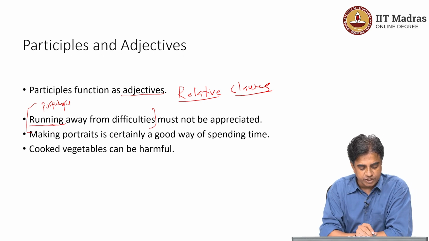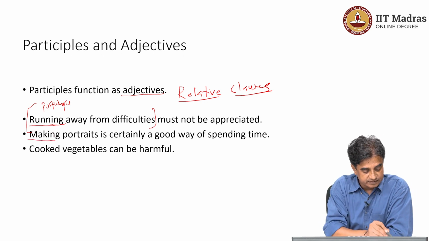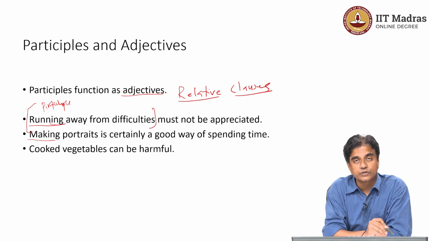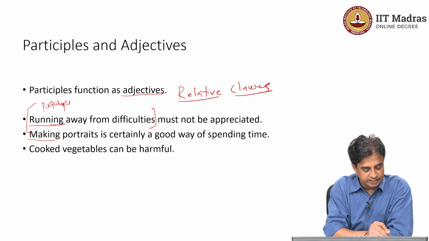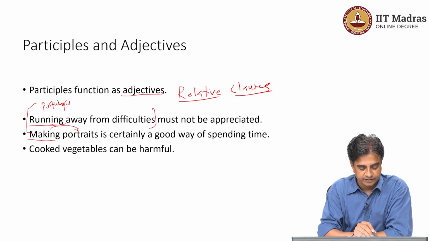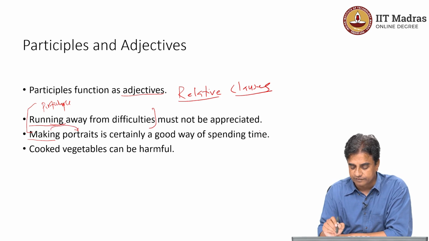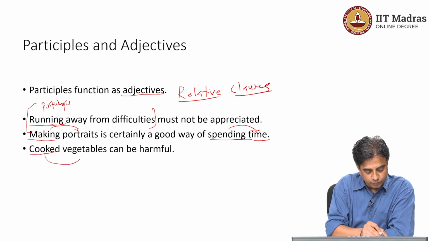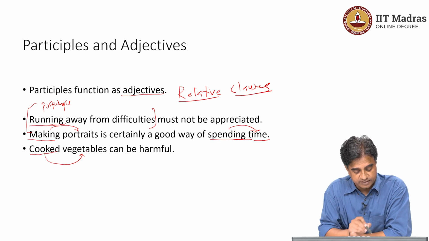Making portraits, this is participial because it is used as a modifier. Making portraits is certainly a good way of spending time. Look at the participial use with ing, spending time, modifying time. Look at this one, cooked vegetables: cooked, a participle, modifying vegetables, can be harmful.